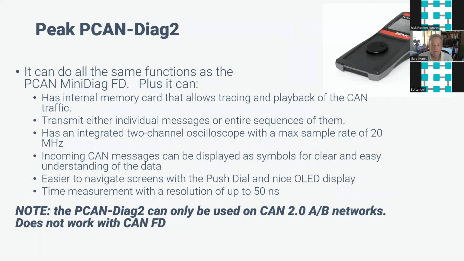Okay, they also have a tool called the PCAN-Diag 2, which is an upgrade from the PCAN-MiniDiag. It can do all the same functions as the Mini, but offers several enhancements that allow for more advanced troubleshooting. This is really a great tool for analyzing CAN networks at both the physical and the protocol layer.